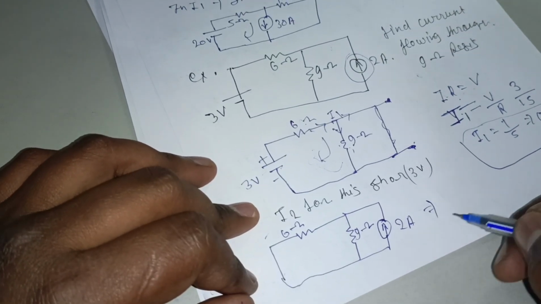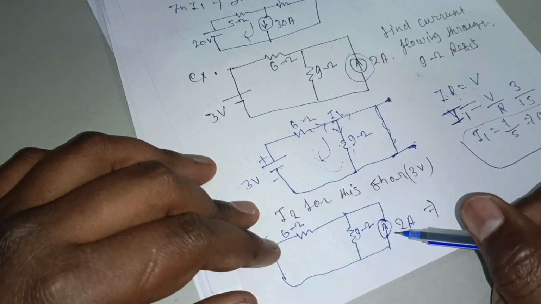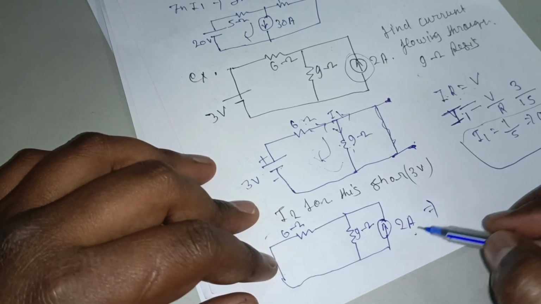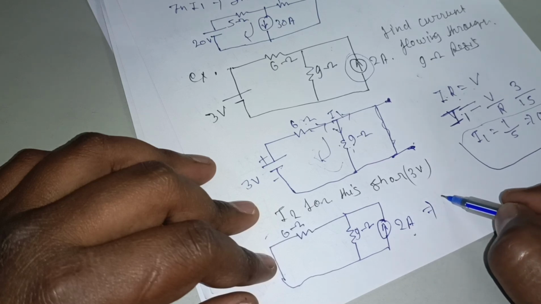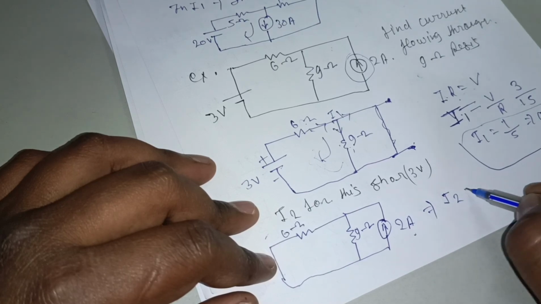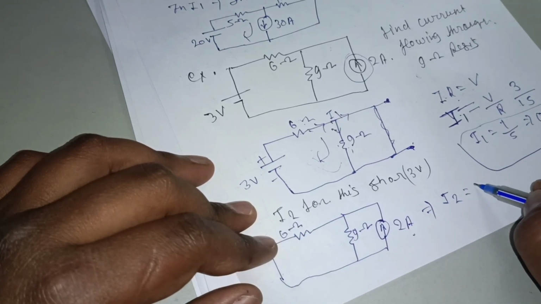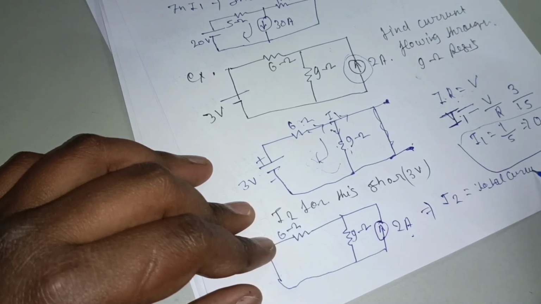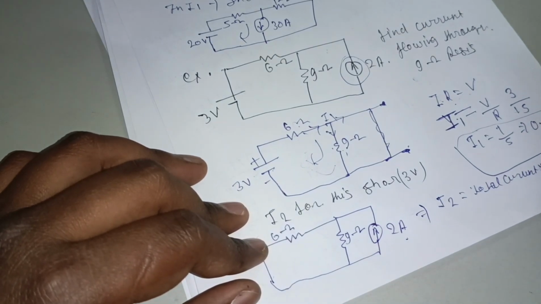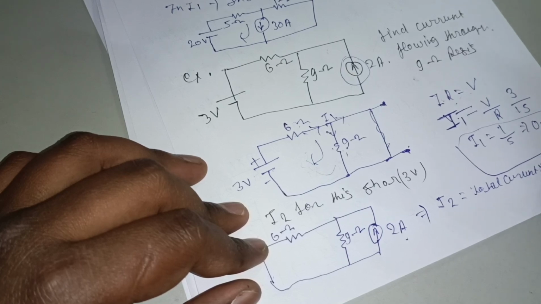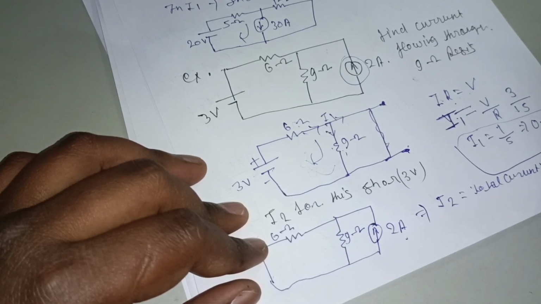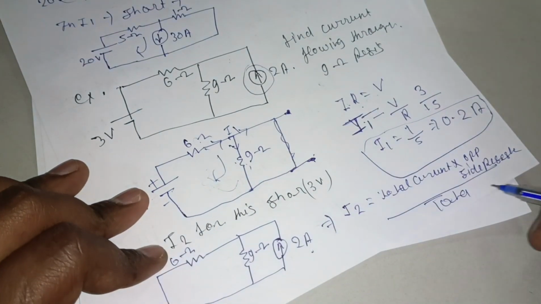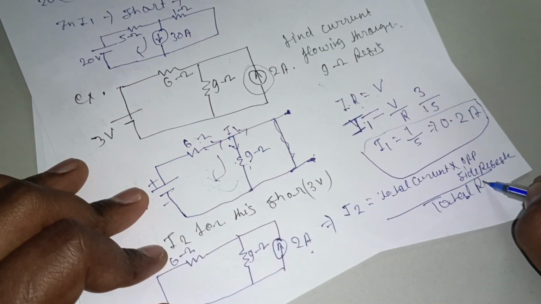So again we can see here is I2. The current is given. We know that for this I2, if current is given, then we use this formula: total current into opposite side resistance upon total resistance.